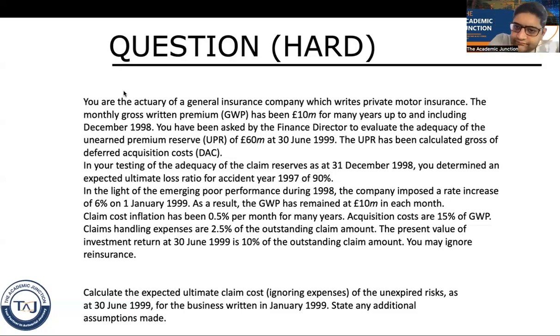Assuming that the business is written in the middle of the month, the total exposed duration for that business would be 5.5 months, and 6.5 months is the remaining business.